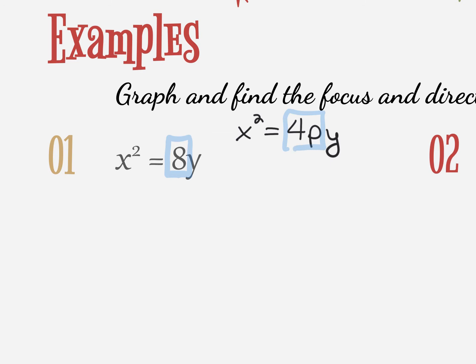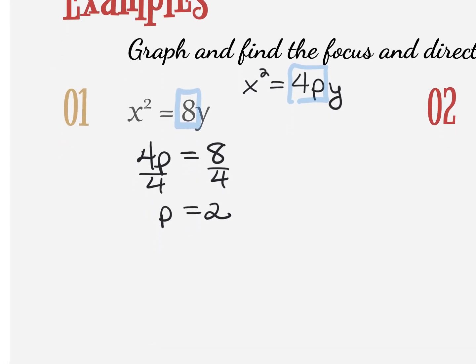So to find the value of p, I'm going to set 4p equal to the 8. I'm going to divide by 4, and the p-value is 2. Remember, this is the distance from the vertex to the focus, and the distance from the vertex to the directrix.